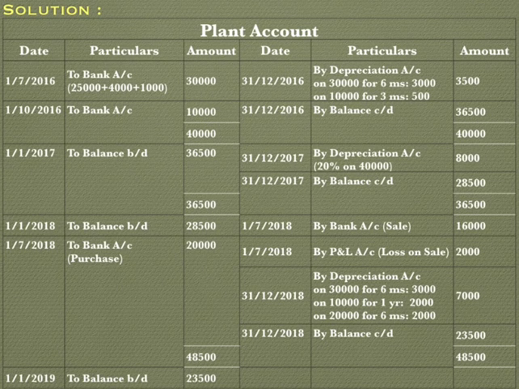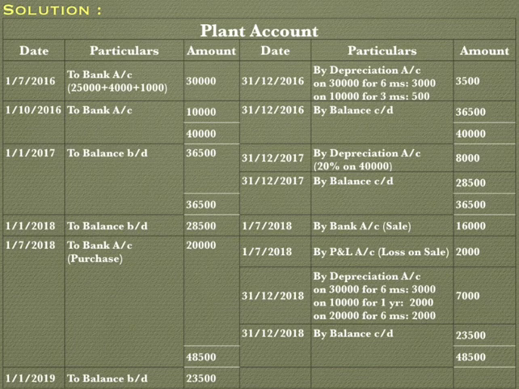So this balance should be taken forward to the next year. In the next year, on 1st January 2017, on the debit side we will bring down the balance. So we have written to balance brought down 36,500. In this year we have not purchased any plant and we have not sold our existing plants. So in this year we have not made any transaction regarding our asset. So we will close this account for this year.